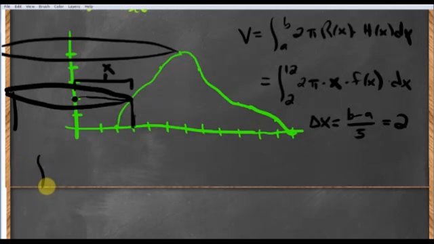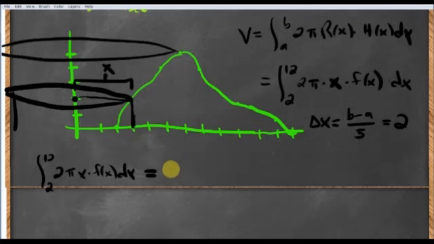And my follow-up response to somebody's question was, let me write this down first, the integral of 2 pi x f of x dx. So that would be the volume of shell 1 plus the volume of shell 2, and so on.